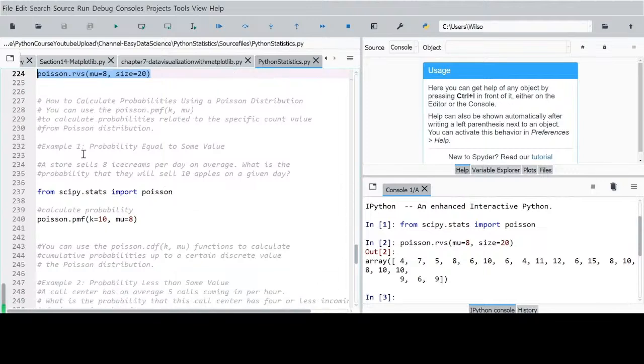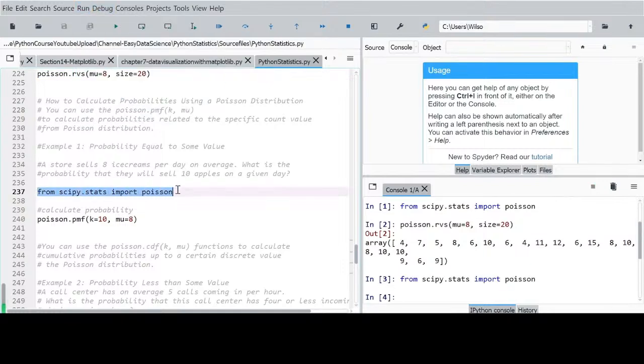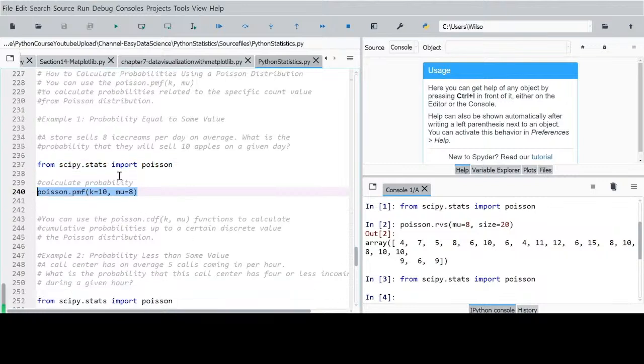So next is used to calculate the probability related to a specific count value from the Poisson distribution. So we also load the Poisson module, then calculate the probability of occurring. This example is, for example, a store sells 8 ice creams per day on average.